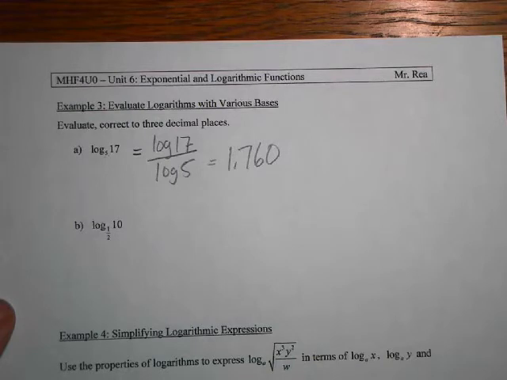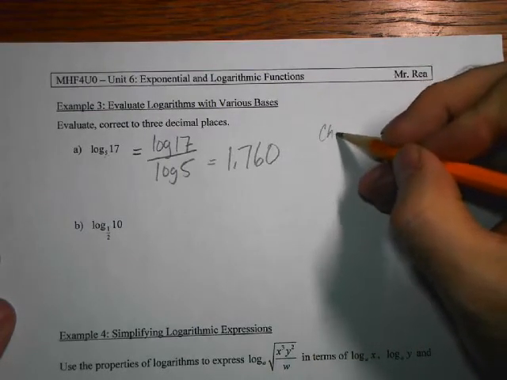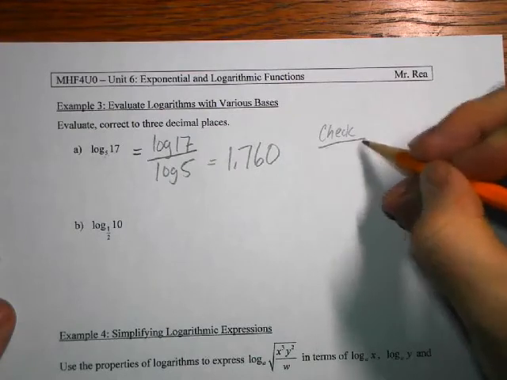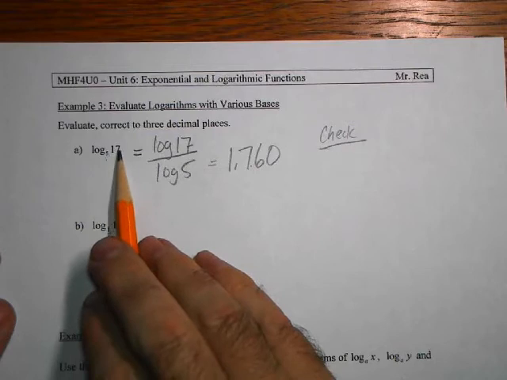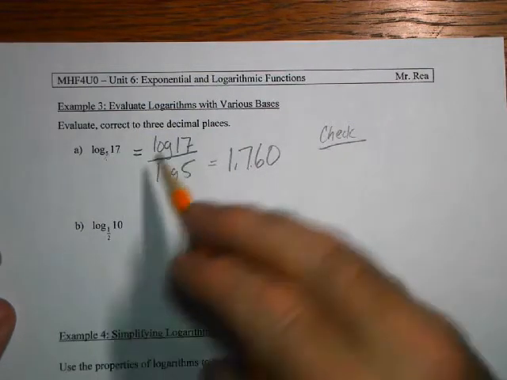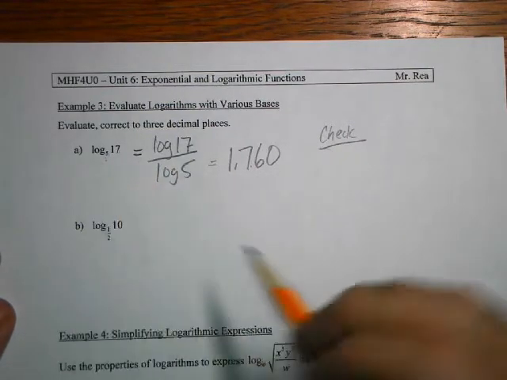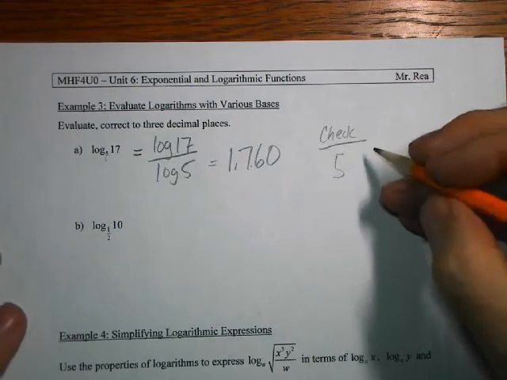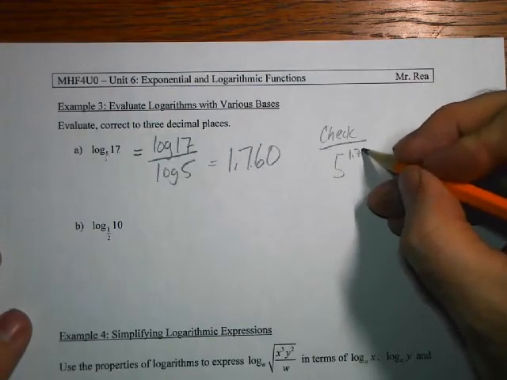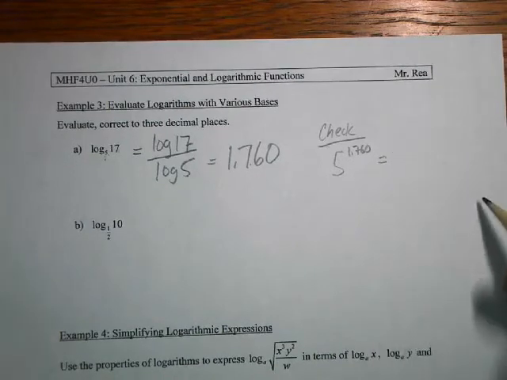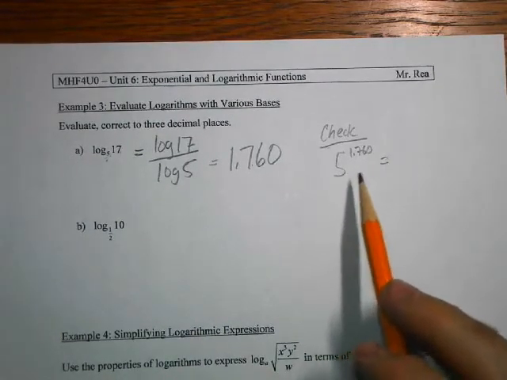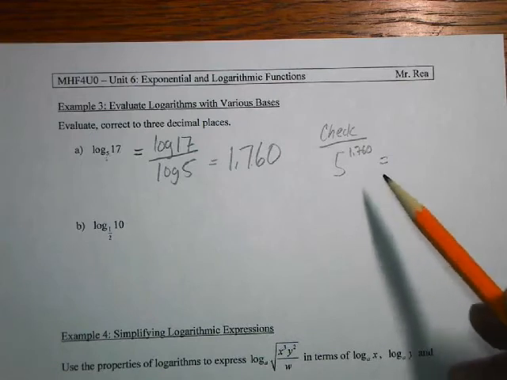Now, how can you test that this works? There's a good place to show it. Let's check this answer. This is the exponent, this is the base, this is the result. So I'm going to put 5 to the power 1.760. You can do this on a calculator. You do have a button, y to the power x or x to the power y.